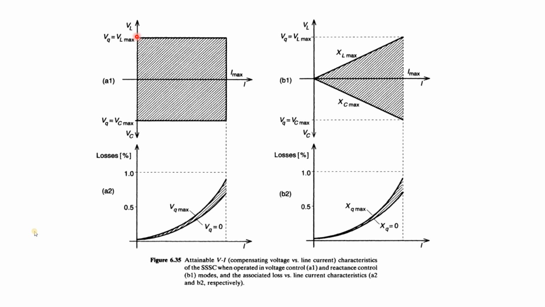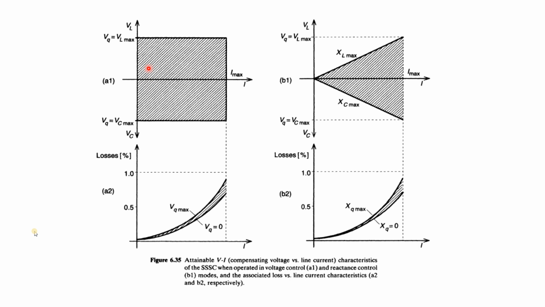Injecting voltage for the inductive case is positive VL max, and for capacitive voltage it is negative VC max. So these are the limits of the voltages, and they are graphically represented with respect to X in this way.